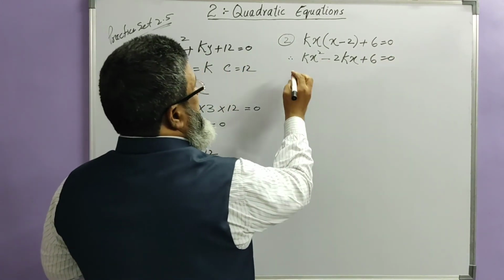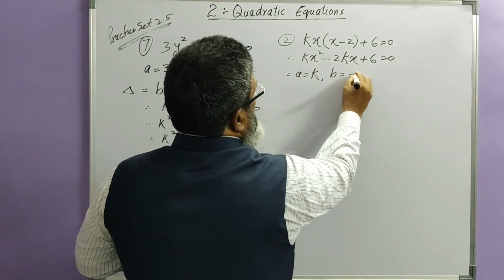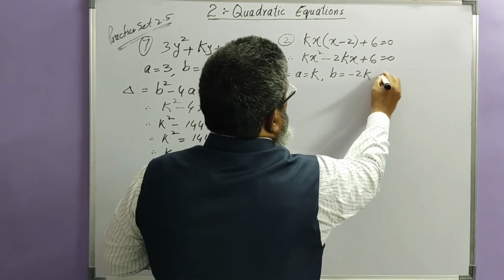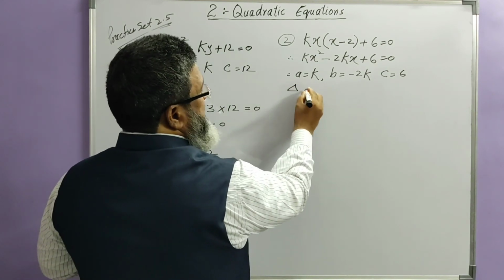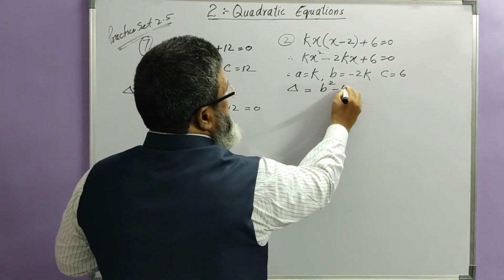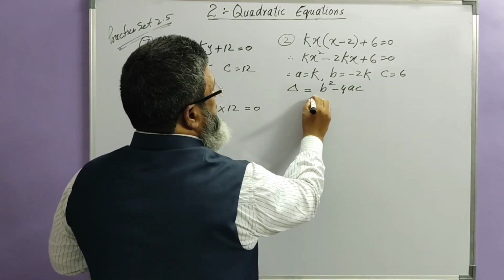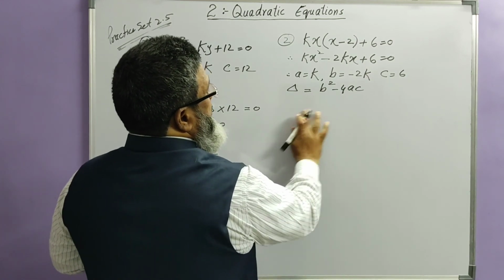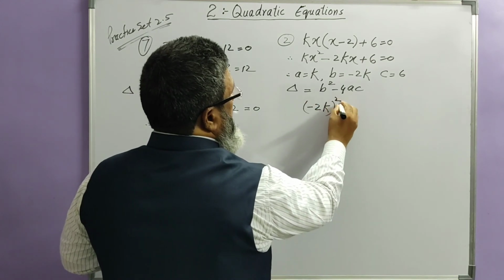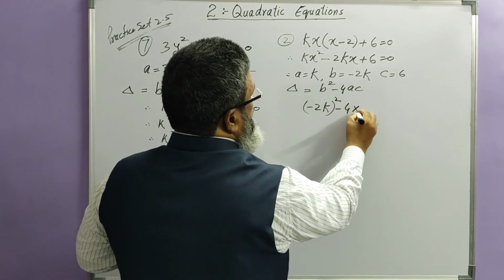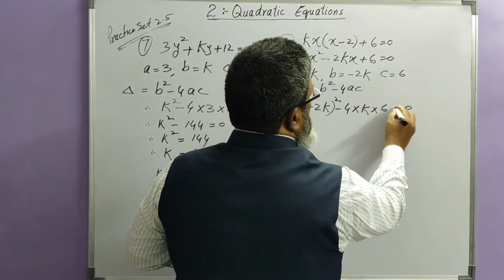By comparing with the equation, a is equal to k, b is equal to minus 2k and c is equal to 6. Find the delta. What is delta? Delta is b square minus 4ac. So find b square minus 4ac. b is minus 2k, so minus 2k square minus 4 into a is k into c is 6, and this is equal to 0.